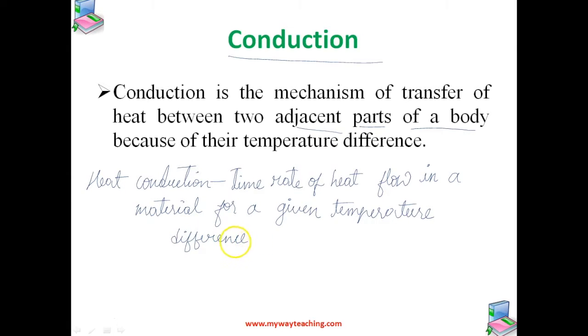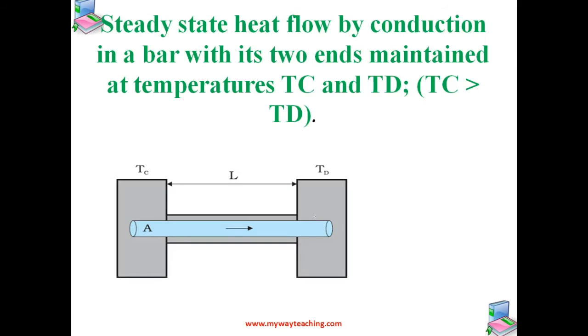Consider a metallic bar of length L and uniform cross section A with its two ends maintained at different temperatures. This can be done, for example, by putting the ends in thermal contact with large reservoirs at temperatures say Tc and Td, as you can see in this example.